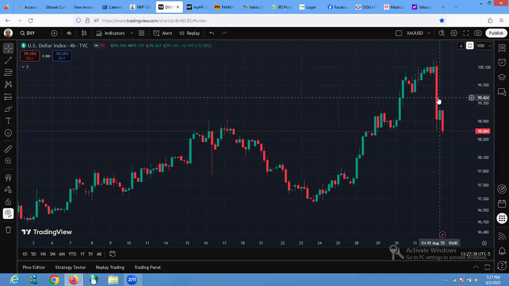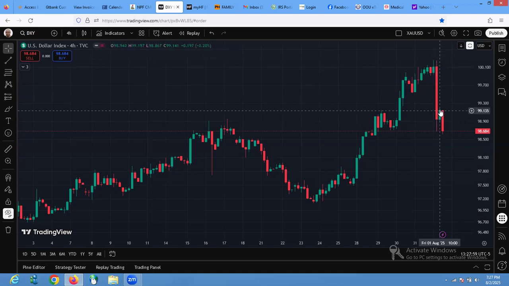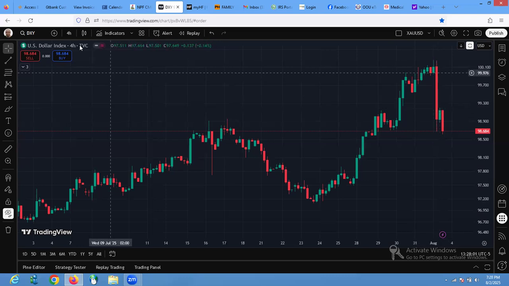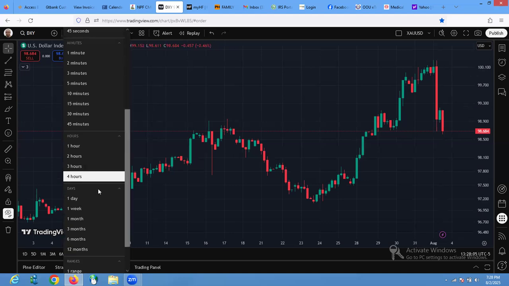Whatever candle appearance you are seeing on the lower time frame, you first have to switch to the higher time frame to see the kind of price action that you are going to get. Look at this price action on the 4-hour time frame, engulfing. Now, the next step is to switch to the daily time frame.